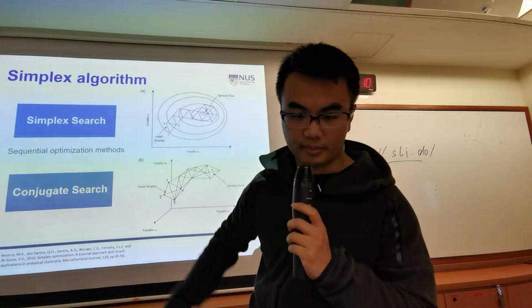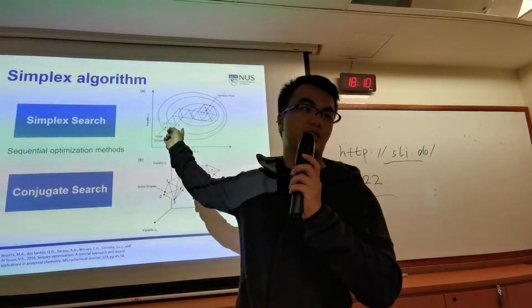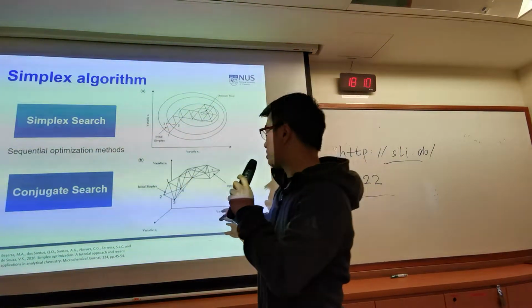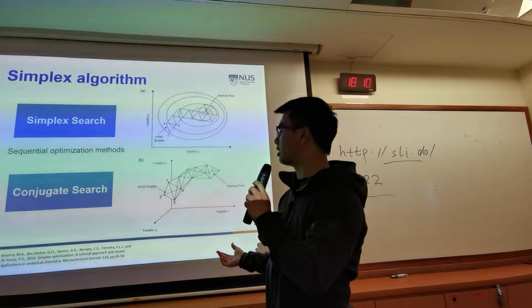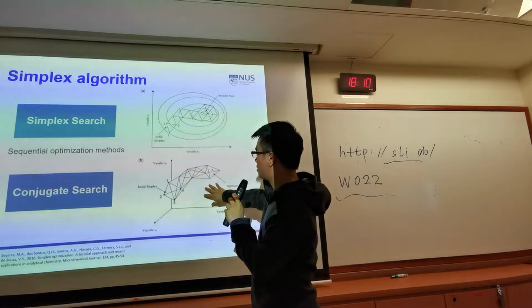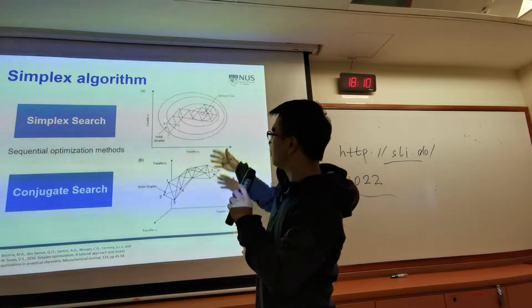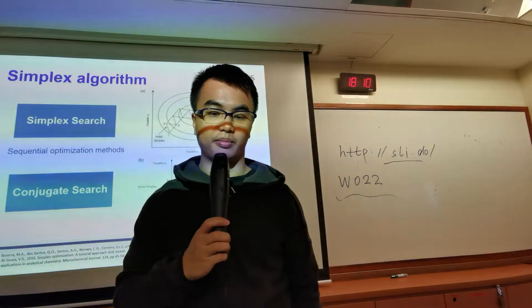This is not a difficult function. This is just 2D, and you can have more difficult searching methods like the conjugate search methods, which can have some modification of the Simplex algorithm.